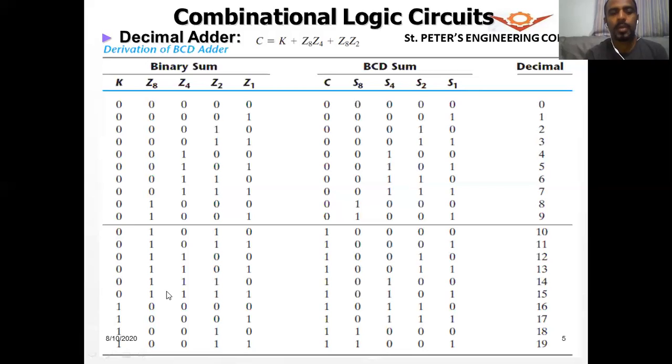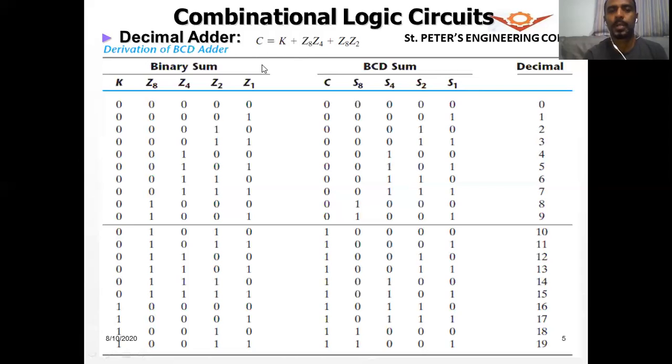We will directly write this expression in terms of K. K overrides all these literals, Z8, Z4, Z2 and Z1. So the expression for C will be K ORed with Z8 Z4, ORed with Z8 Z2. There's a 2 input AND gate for Z8, Z4, a 2 input AND gate for Z8, Z2, and a 3 input OR gate to take the result of this to get the carry.